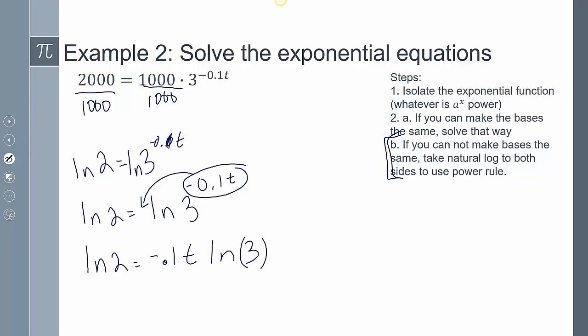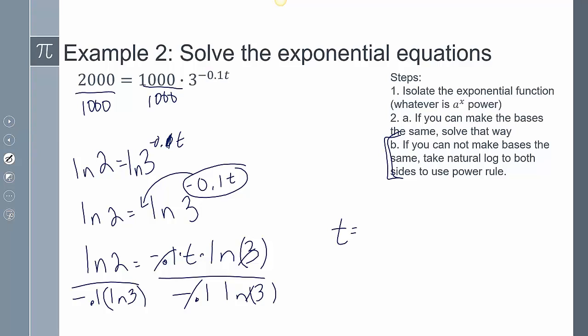And so now to get t, since these are all being multiplied by each other, I can divide both sides by negative 0.1 ln 3. So that cancels out there, and so t would equal ln of 2 over negative 0.1 times ln of 3.